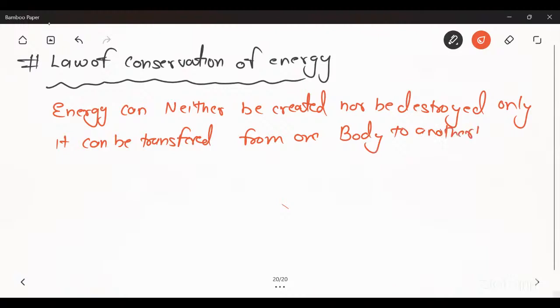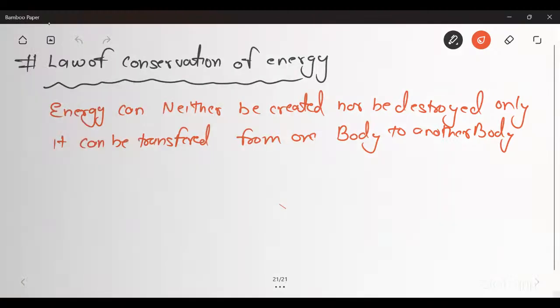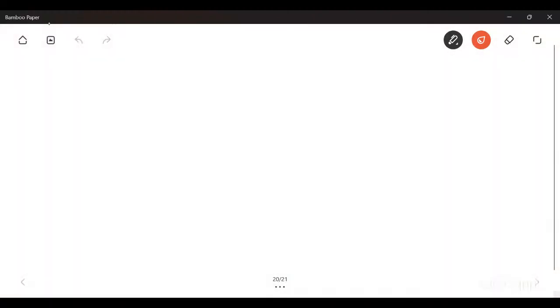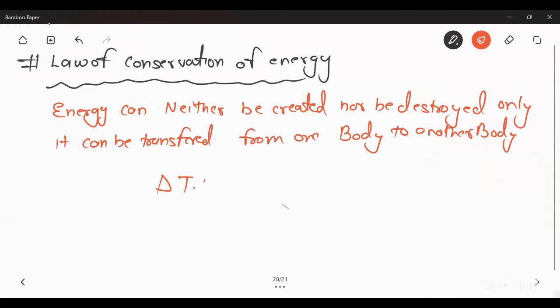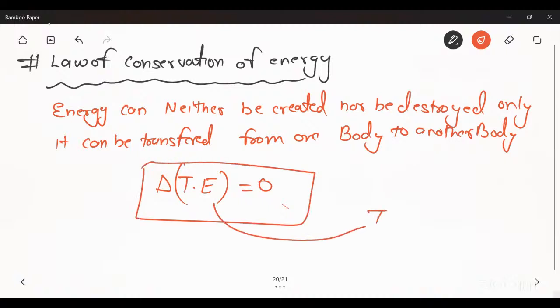That means kinetic energy changes to potential energy and potential energy changes to kinetic energy, and the change in total energy will be equal to 0, because total energy is constant.